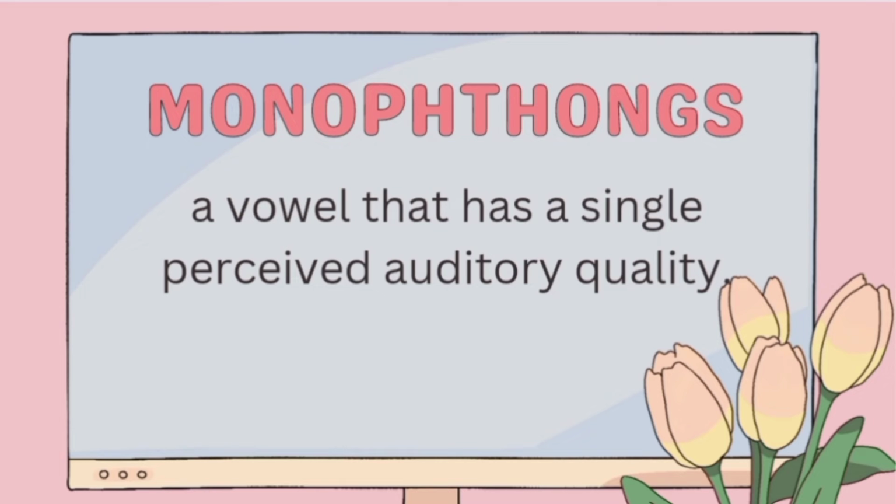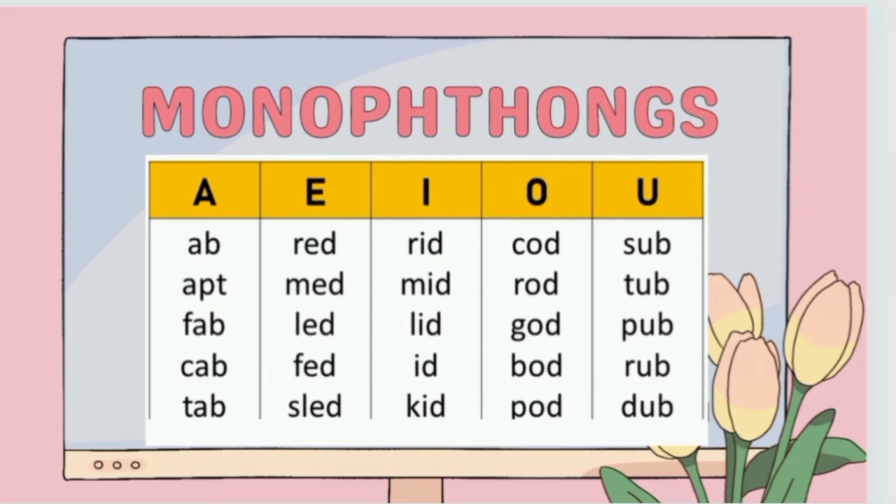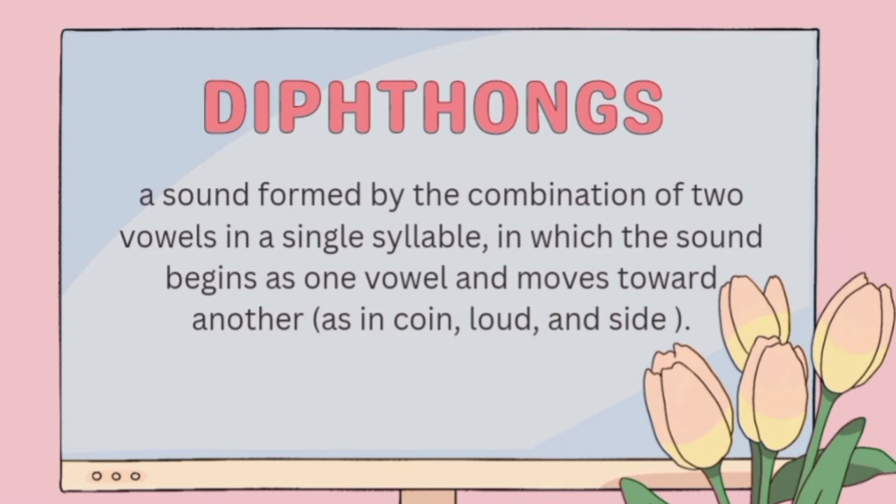In pronunciation, we have monophthongs and diphthongs. Monophthongs, meaning one sound, are vowels like a, e, o. Diphthongs, on the other hand, mean two sounds.